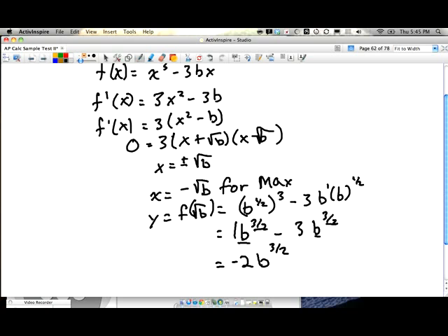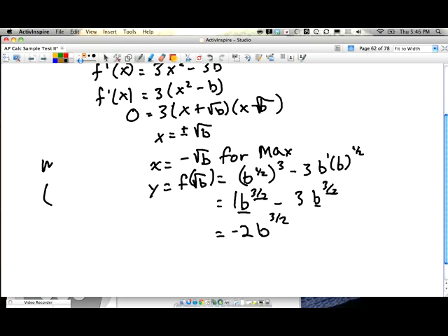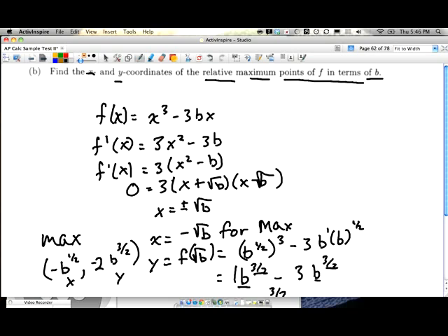That's my x and y coordinate for the max, at negative b to the 1/2 and negative 2b to the 3/2. That's my x and y value. That's not too bad. Let's see what we get for part C here.